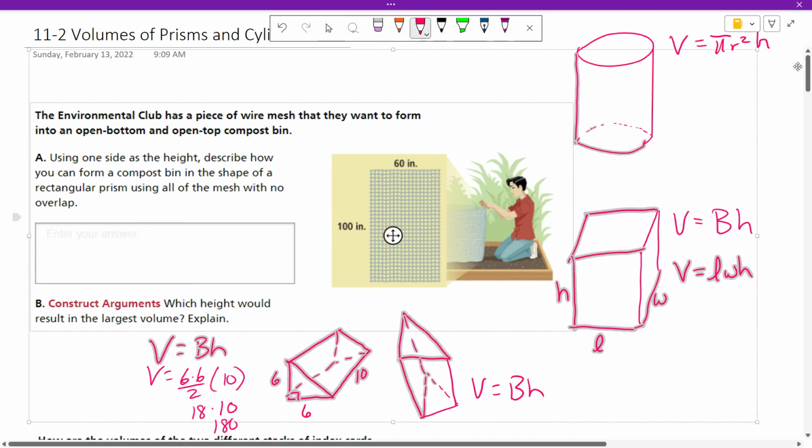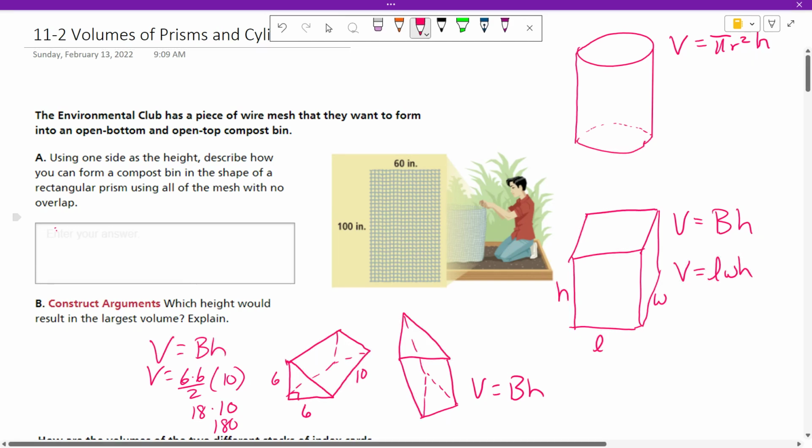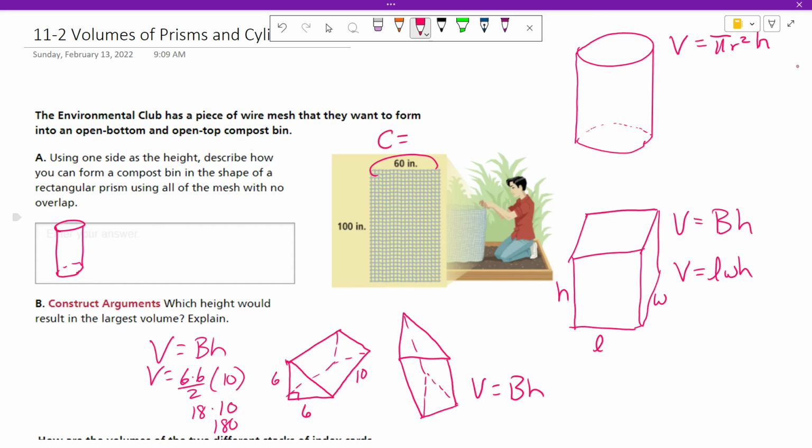Well, let's take the tall and skinny one. So if we go tall and skinny with this, if we wrap this around, the circumference equals 60 inches. Okay? But is circumference part of the volume formula?